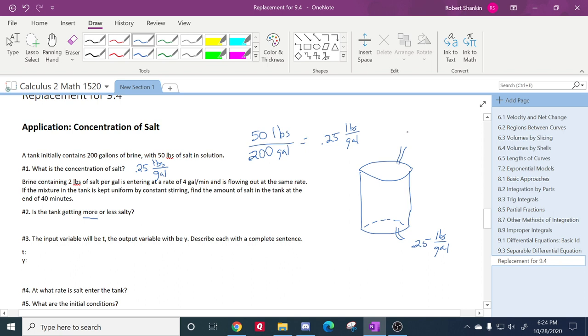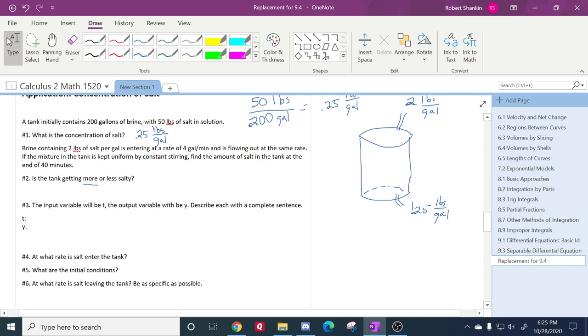It says it's 2 pounds of salt per gallon. And that's 1/4 of 1 pound, and that's 8 times as big. So it's a lot more concentrated salt coming in than what's going out. Seems to make sense. Yeah. Okay.